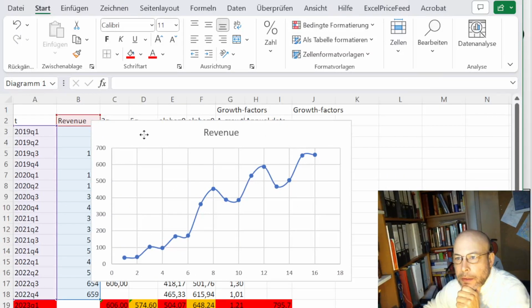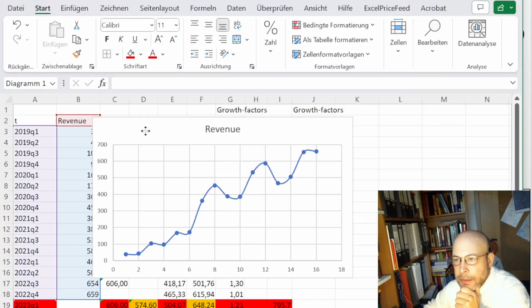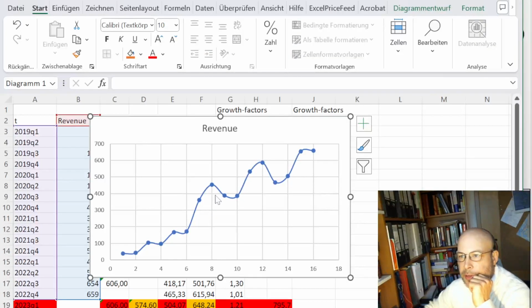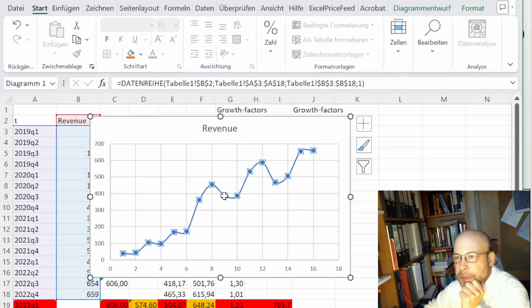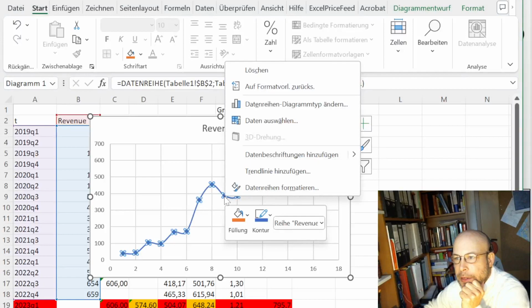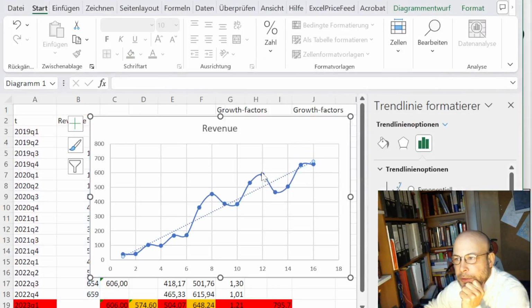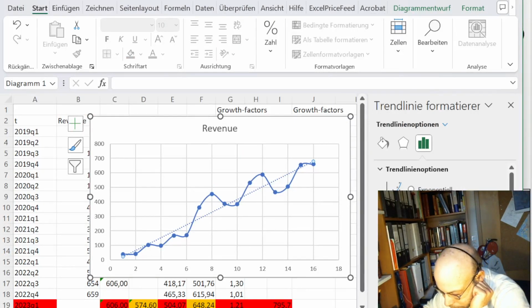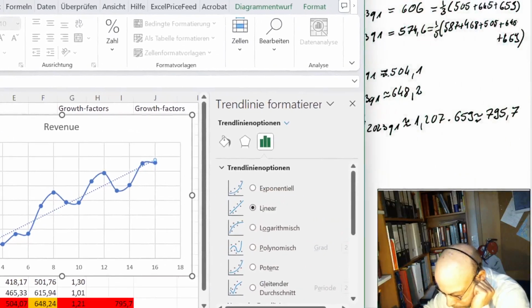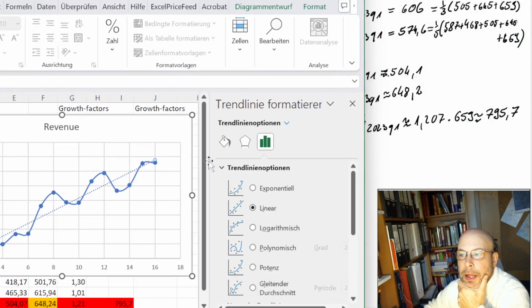So, you have the option in Excel, if you plot your data, that you just click on your time series, and then you have here the trend option. I have to move it to the right, and then you can choose what you want, and here you have linear regression.